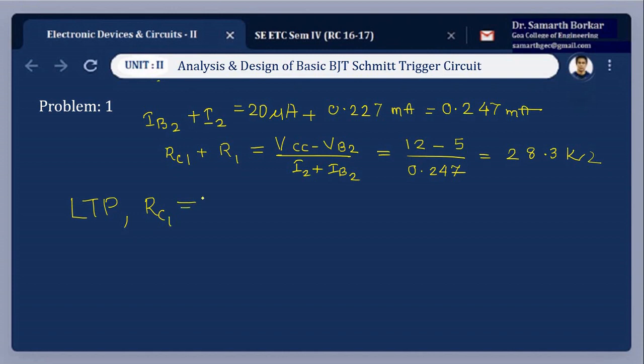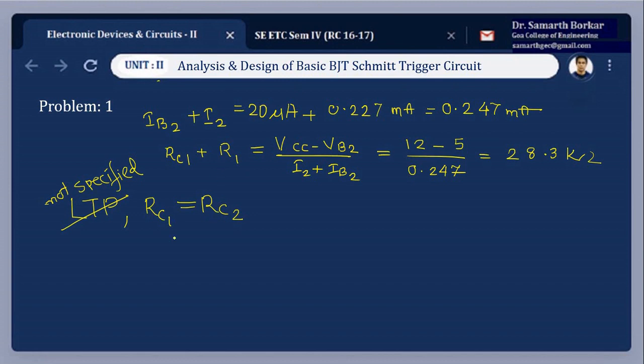So RC1 will be made equal to RC2 when LTP is not specified. Now if the LTP value is specified separately, then we cannot follow this particular approach. Then this will be explained in the next numerical.